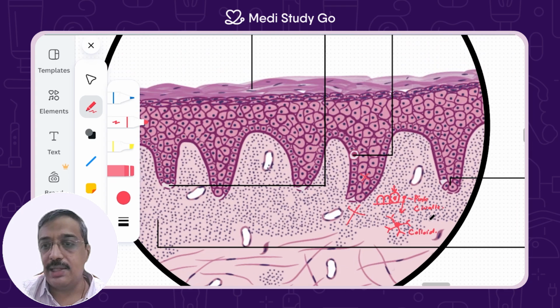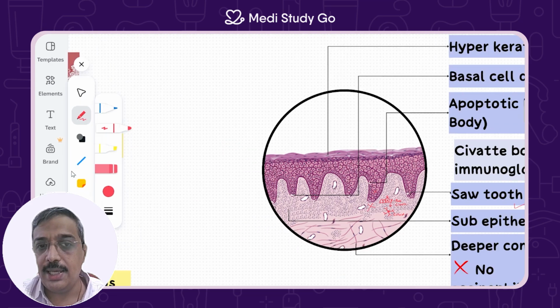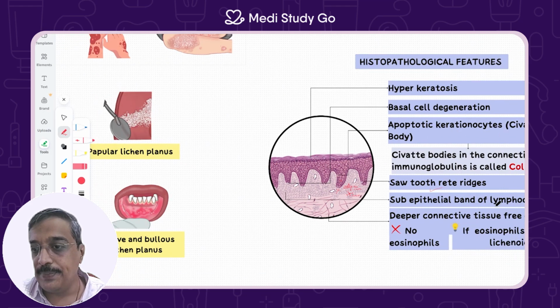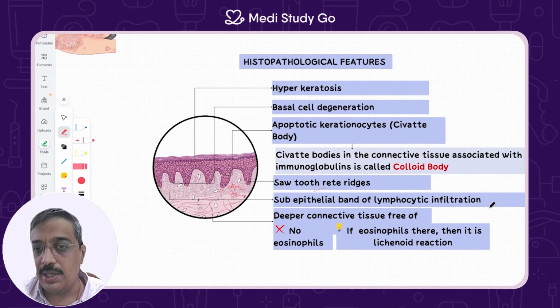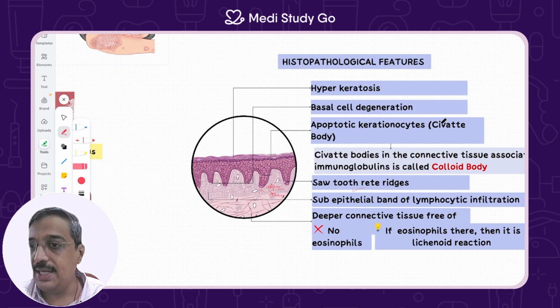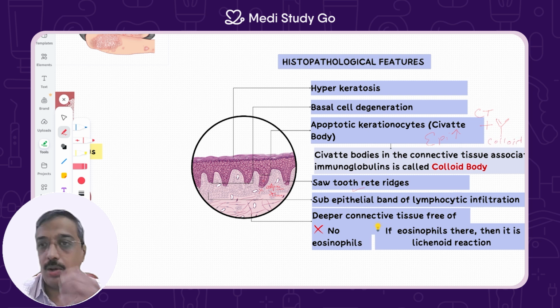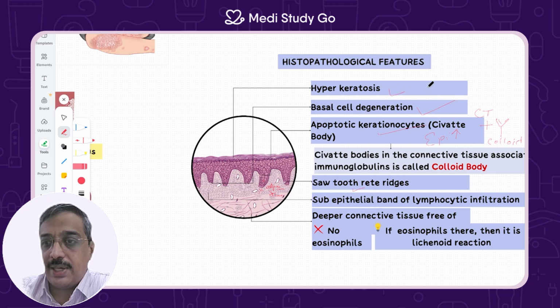So there is a subtle difference between the colloid body and the civet body. Both of them are apoptotic bodies, but if it is seen inside the epithelium, it is called a civet body. But if it is seen inside the connective tissue with immunoglobulins, then we call it a colloid body. Whatever be it, you will see the basal cell degeneration, you will see apoptotic keratinocytes, and you will see hyperkeratosis.